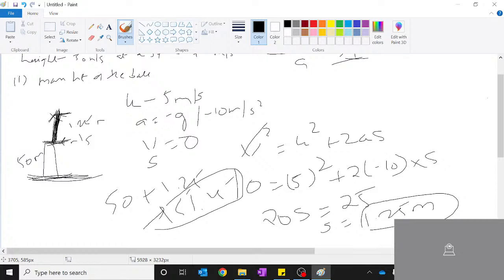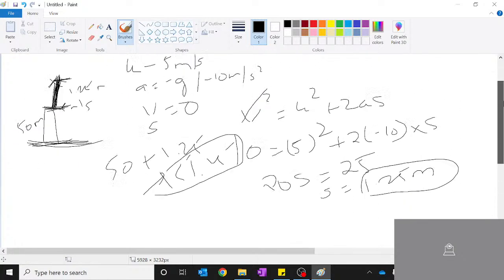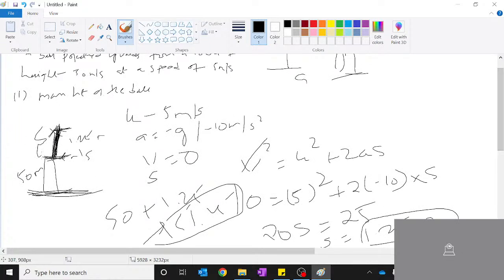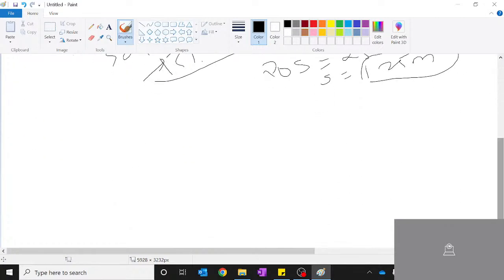Now you know that v is 0 here. To find the time taken, v is 0, u is nothing but 5, a is nothing but minus g, or minus 10, and we are supposed to find t.